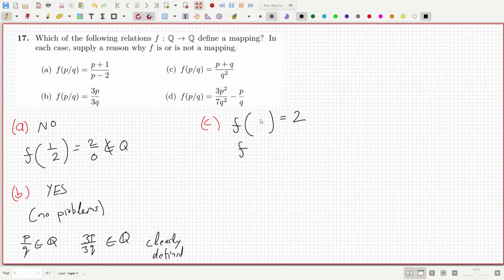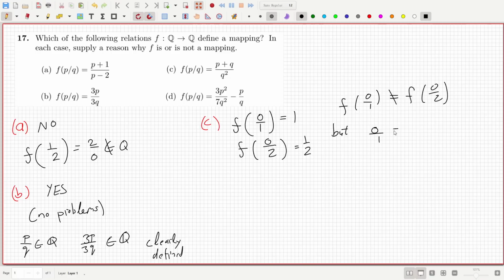Actually, I could say f of 0 over 1. So the P is 0, so it'd just be 1. f of 0 over 2 would be 0 plus 2 over 4, so that would be a half. So that would mean f of 0 over 1 does not equal f of 0 over 2, but 0 over 1 equals 0 over 2, so it's not unique.